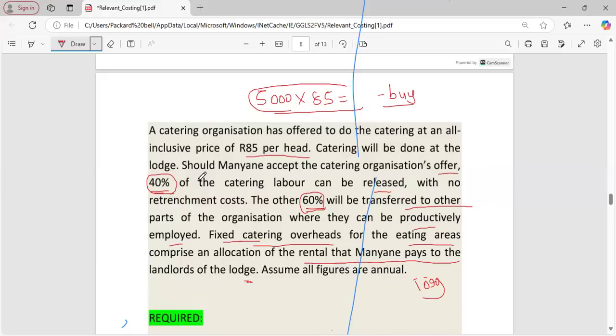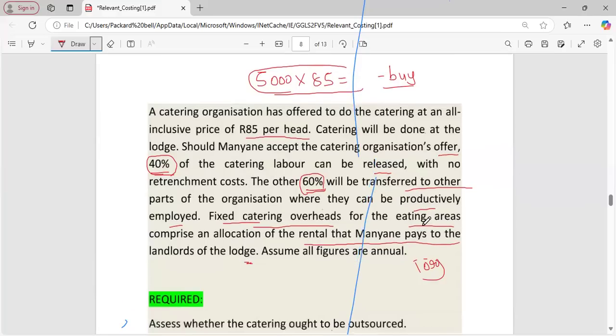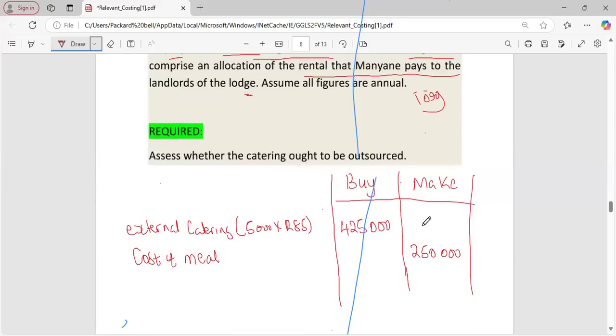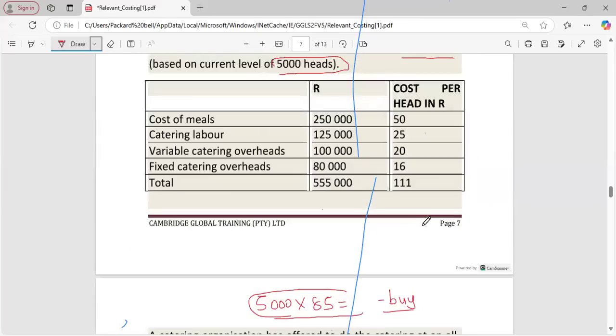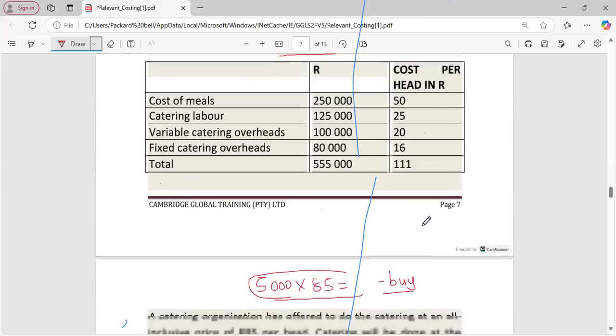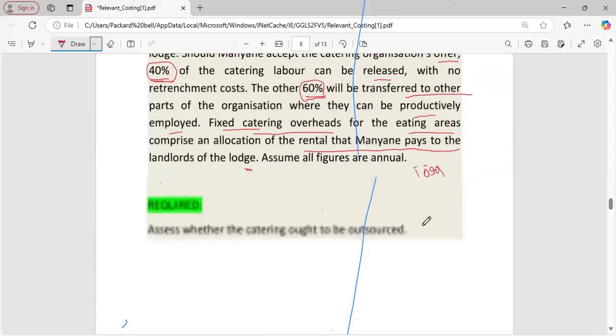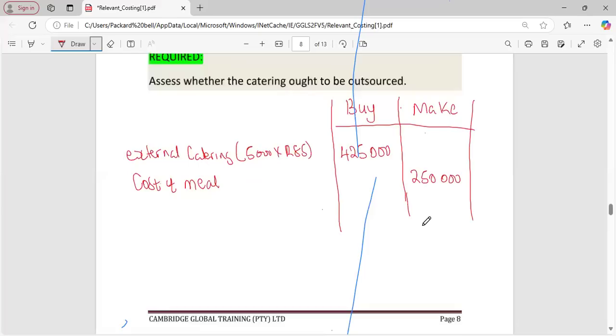Because if we make a decision, it's going to be part of the relevant cost. So our 40% of the catering labor of 125 is going to be the labor.